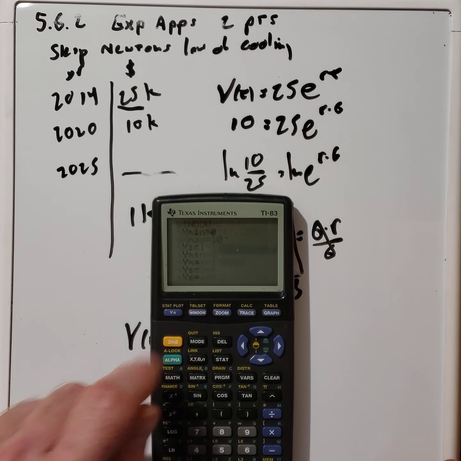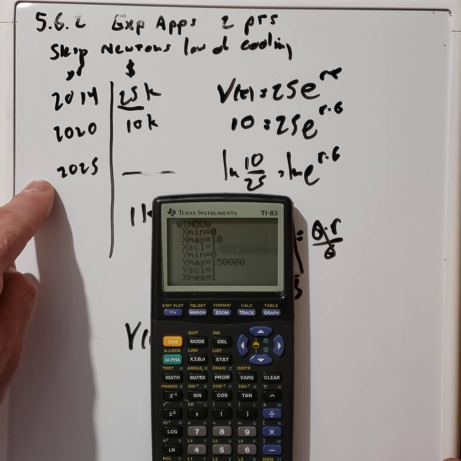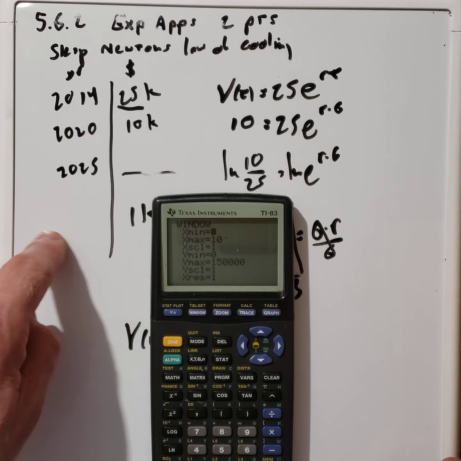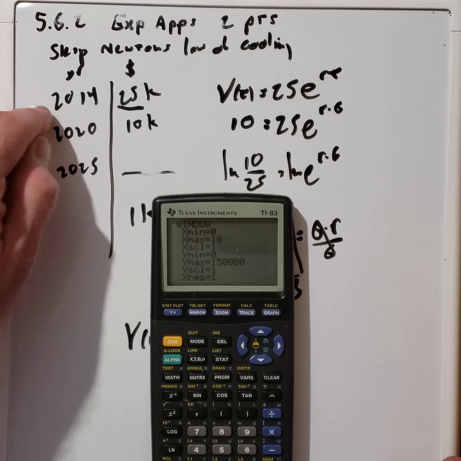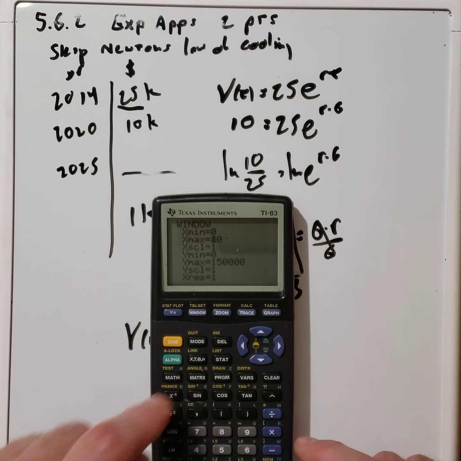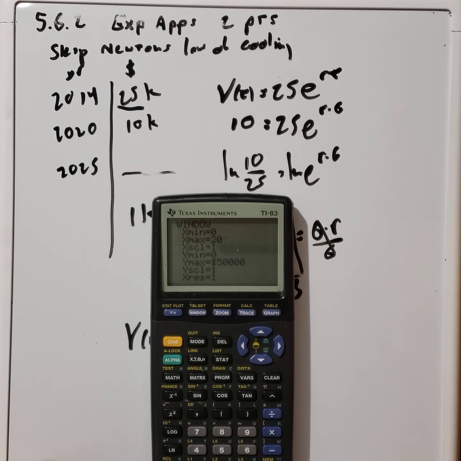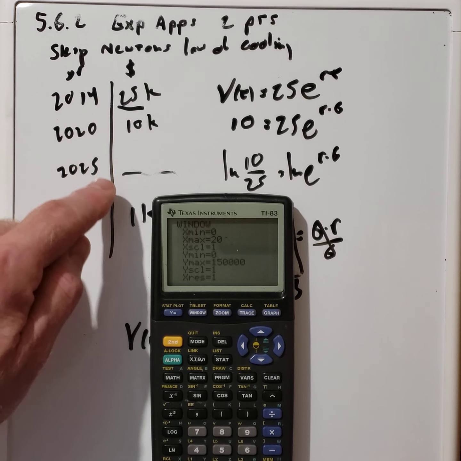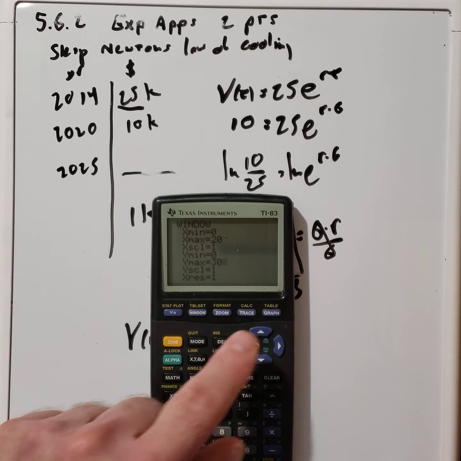And we got to set up our window. Well, we're going at least to 25, maybe a little bit further, or 2025. So let's go to 2030, which would be 16 years after 2014. I'm just going to round that up to 20. And our value is starting at 25 and dropping. So if we set the top of the window at 30, we'll catch the graph.